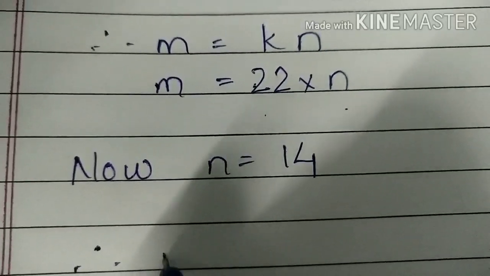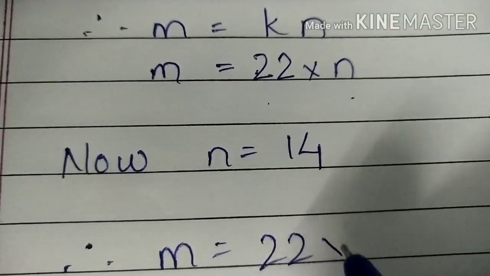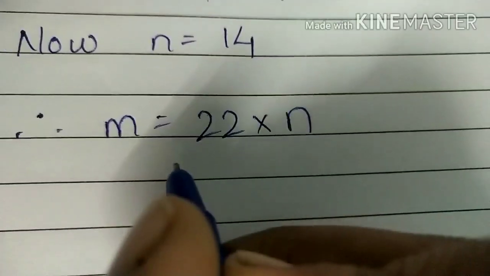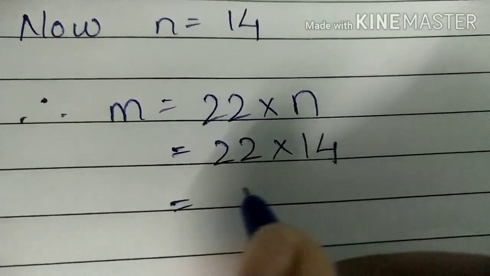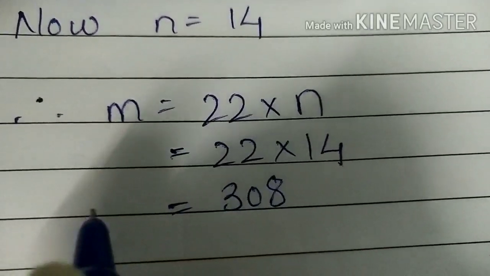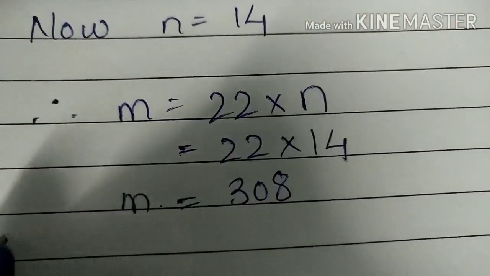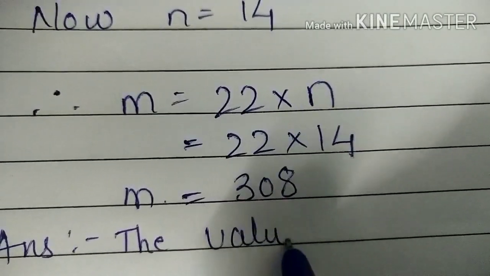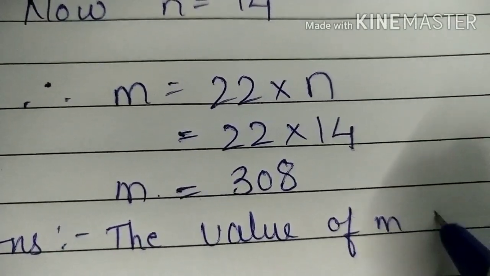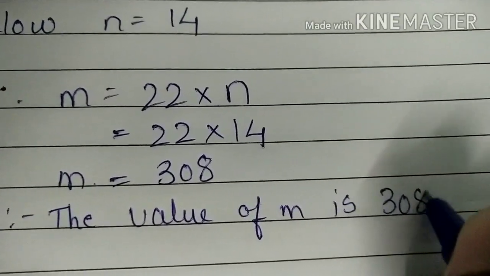Therefore m is equal to 22 n, and in place of n I am going to substitute 14. What is the value? 308 if you multiply and see. Therefore the answer is: the value of m is 308.